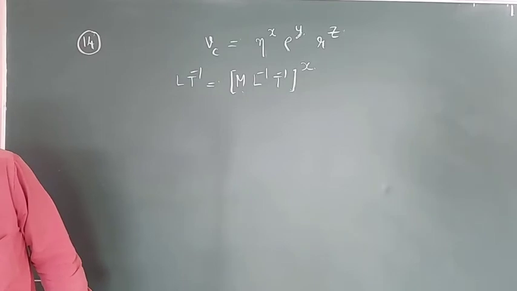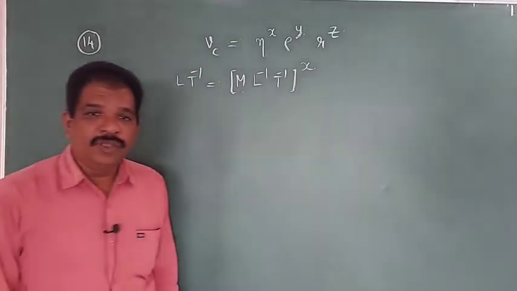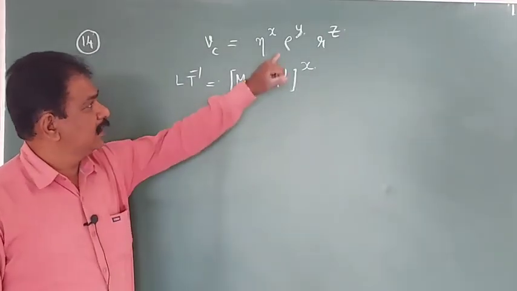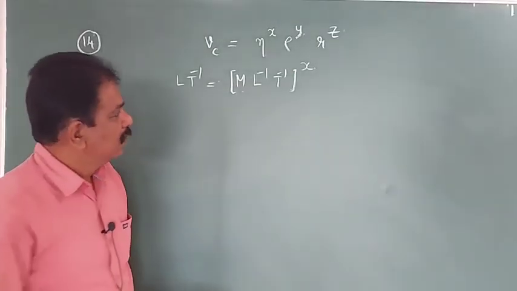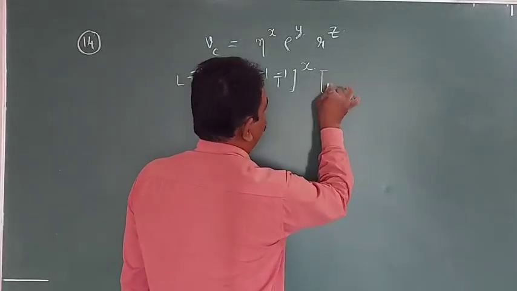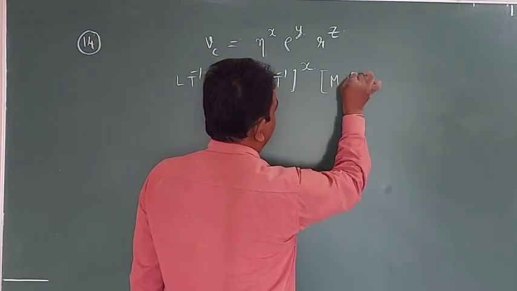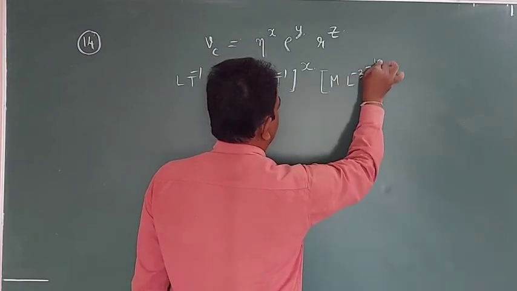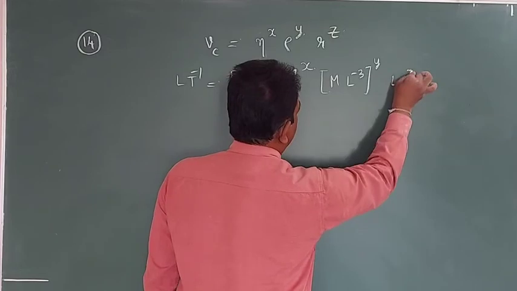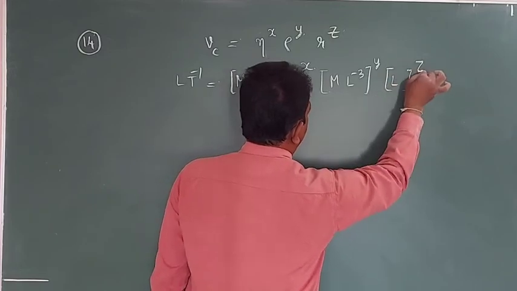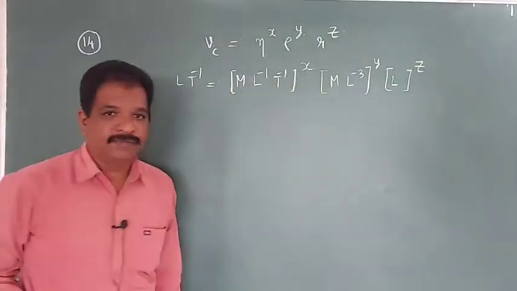That is the dimensional formula of coefficient of viscosity. Next, density. Density dimensional formula will be m L power minus 3, power y. This is radius L, this will be power z.